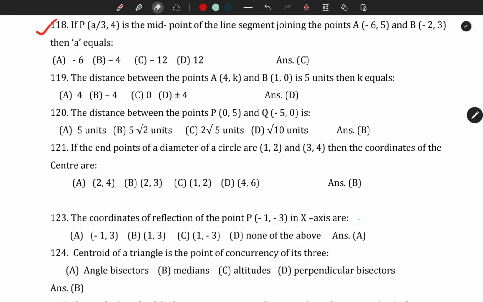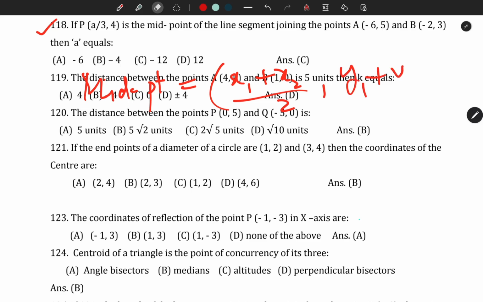Question 118. If P, a by 3 comma 4, is the midpoint of the line segment joining A and B, then a equals to the... Okay, now the midpoint formula is x1 plus x2 divided by 2 comma y1 plus y2 divided by 2.